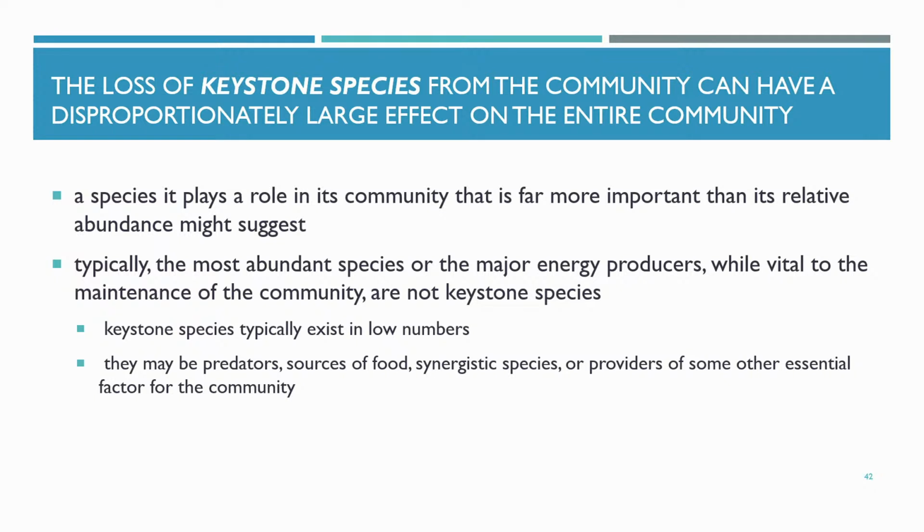They may be predators, sources of food, synergistic species, or providers of other essential factors for the community. They exist in low numbers, but they have a really big effect on that community. Those that are really abundant and have big roles are vital to the maintenance of the community, but they are not keystones.